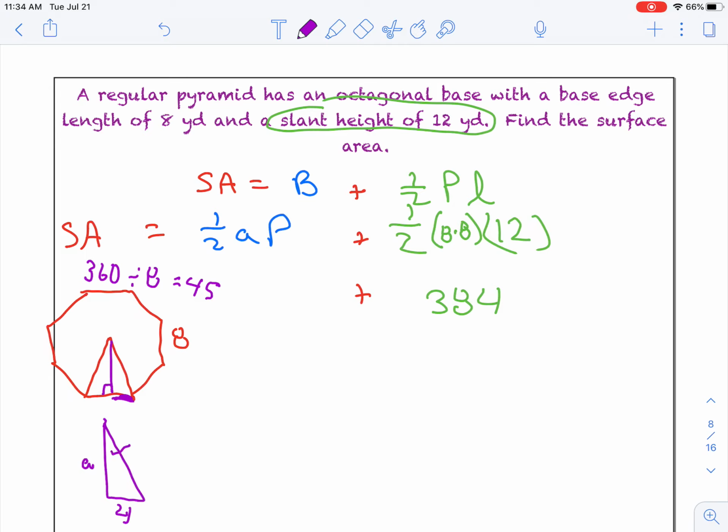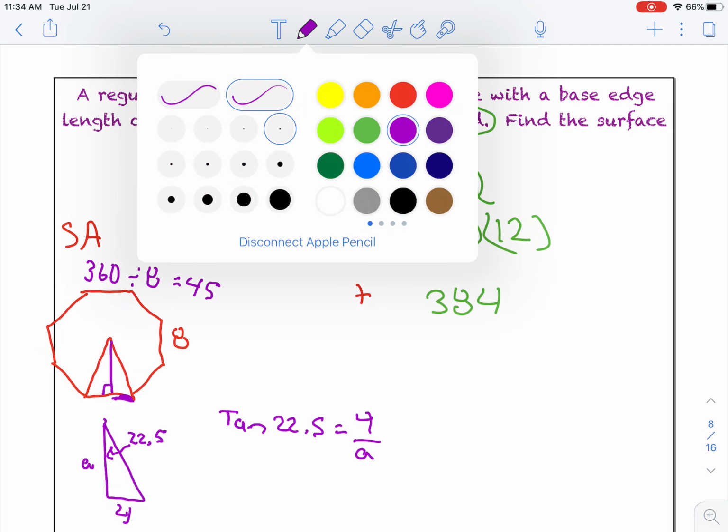So now I need to cut it in half, so that makes this degree right here 22.5. So now if I look at the opposite over adjacent, I can do the tangent of 22.5 and set it equal to the side opposite divided by the adjacent. And now when I solve, I'm going to multiply each side by a.